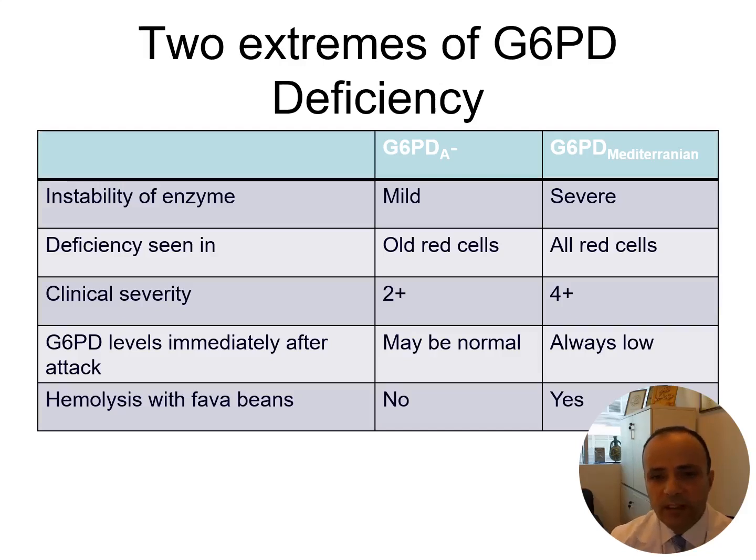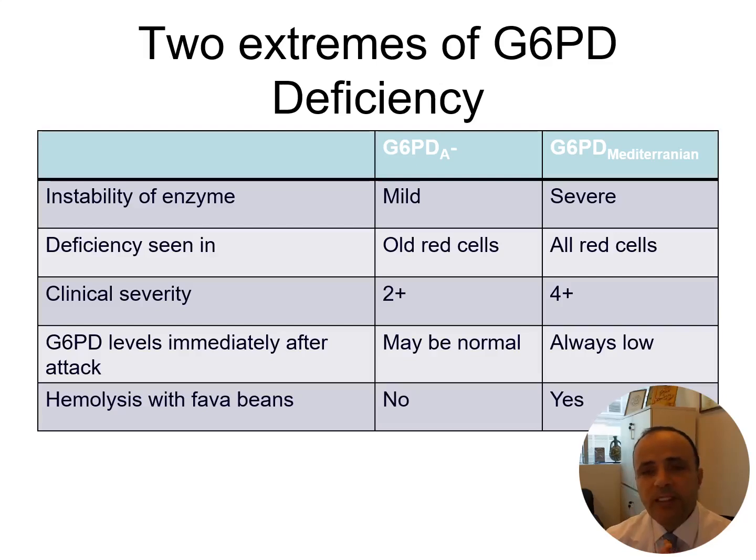The instability of the enzyme in the African type is mild, while it's severe instability in the Mediterranean form. Because it's a mild deficiency in the African type, it expresses itself in the older cells only, while in the Mediterranean type it's much more severe, so it expresses in all red cells. So its severity is definitely more pronounced in the Mediterranean type.